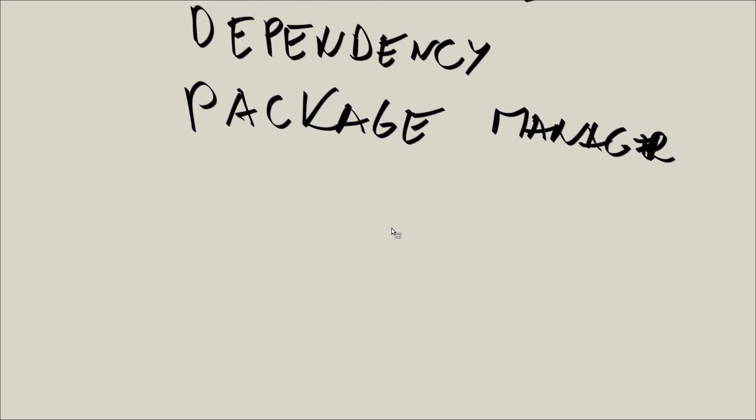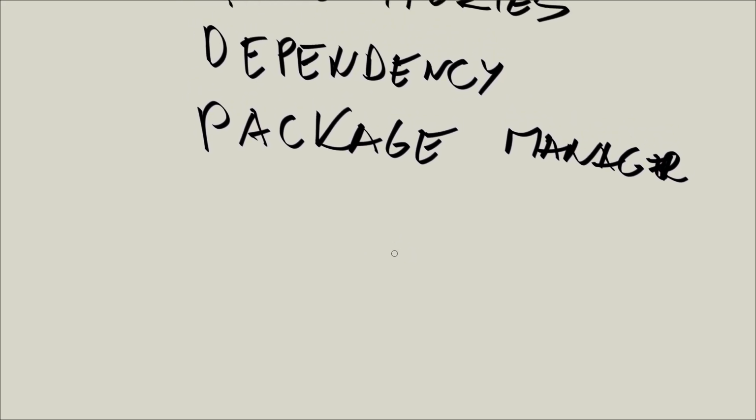So let's take a look at some package management tools. Package management tools include apt, which is basically a high-level package management tool. And there's also a low-level package management tool such as dpkg.